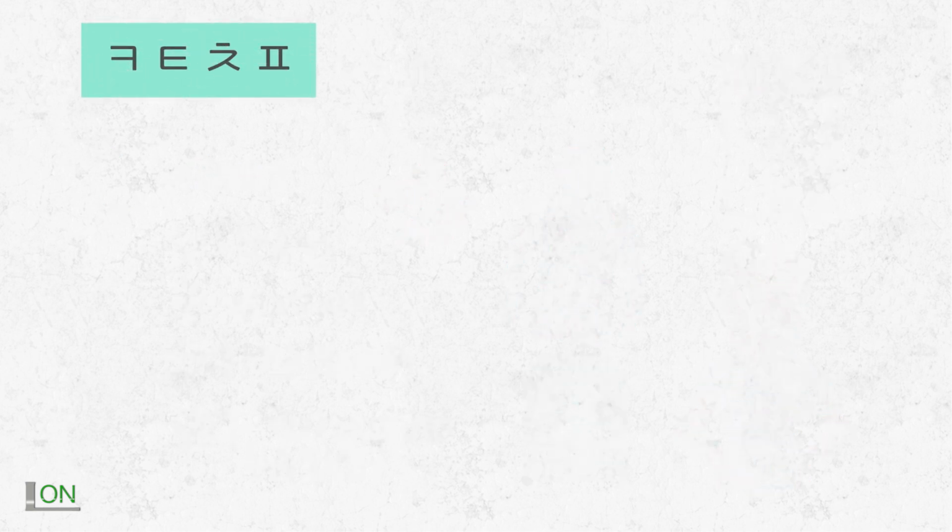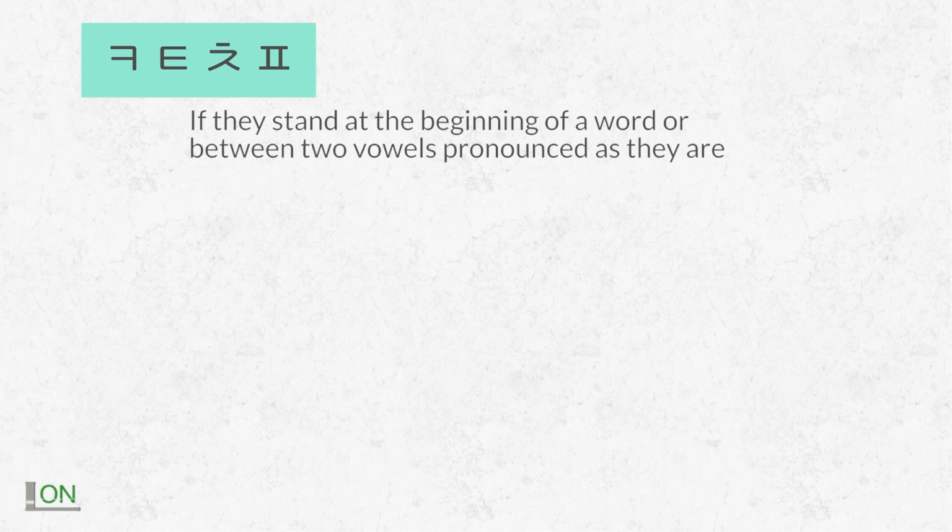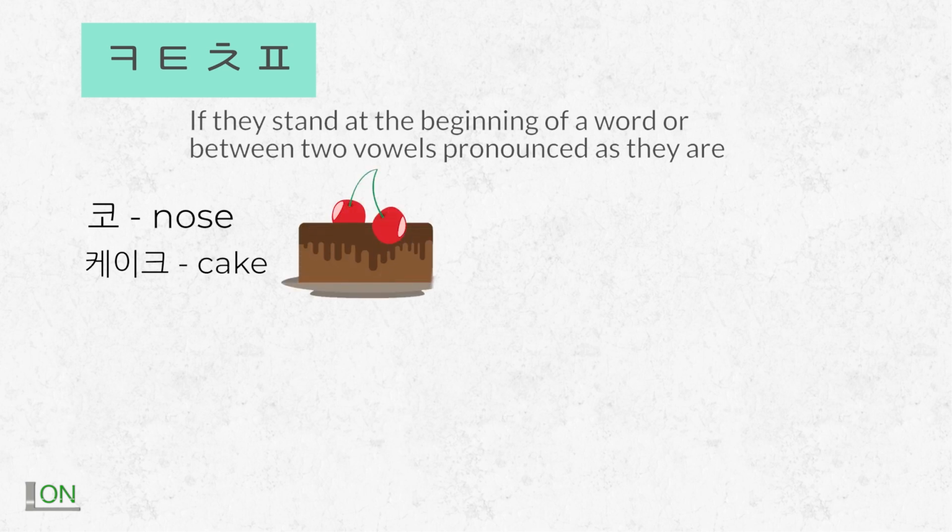Now let's look at how to pronounce k, t, ch, p. If they stand at the beginning of a word or between two vowels, they are pronounced as they are. For example, 코, nose, 케이크, cake, 군, bin, 컬레, pair of shoes.